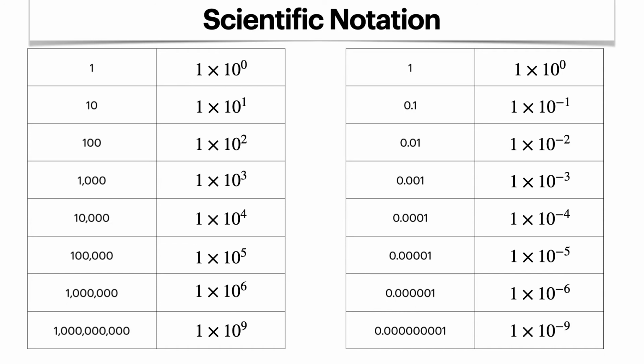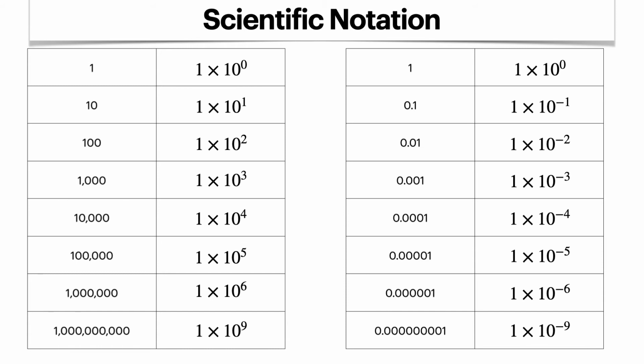And 1/1,000,000,000th is negative 9. So if it's less than 1, we have negative exponents, but it still corresponds with the number of zeros, just like it does with numbers greater than 1. I hope that makes it evident where these numbers are coming from.